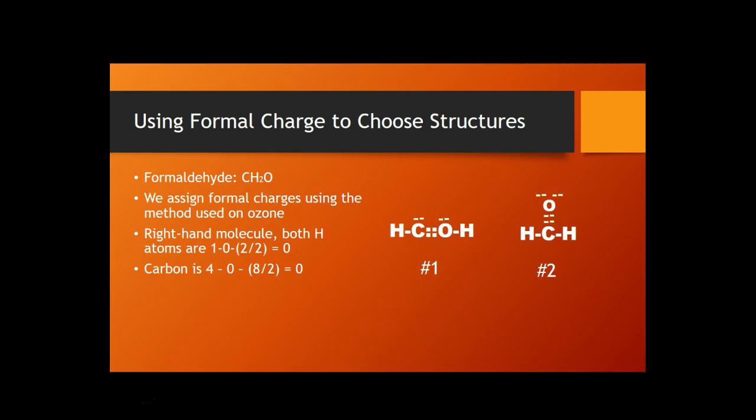The carbon has 4 valence electrons. There are no lone pairs, and we subtract half of the 8 electrons in the 4 bonds, and we get, again, a 0.